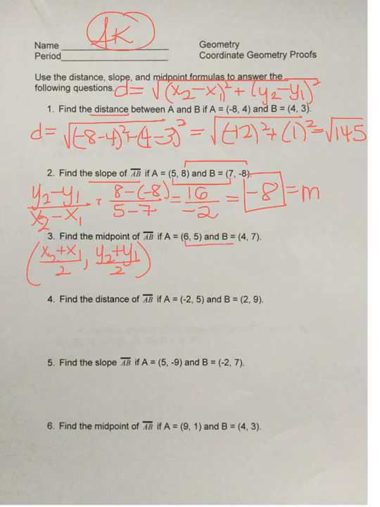So my two x values are 6 and 4. I'm going to add and divide, and my two y values are 5 and 7. Add and divide, and we get 10 divided by 2 is 5, 12 divided by 2 is 6. So the midpoint is 5 and 6 as a coordinate.